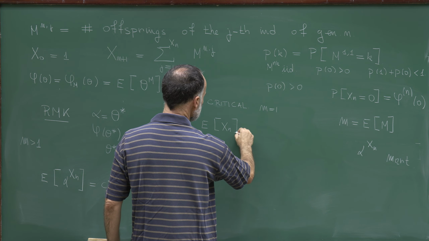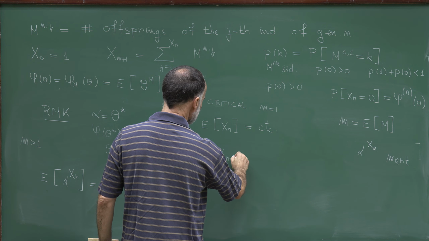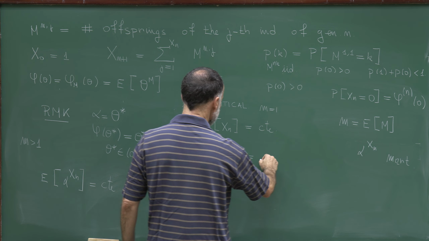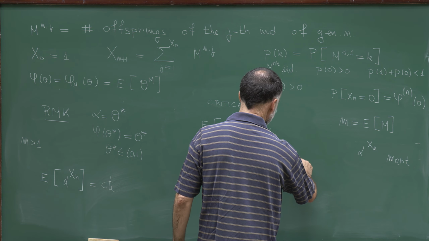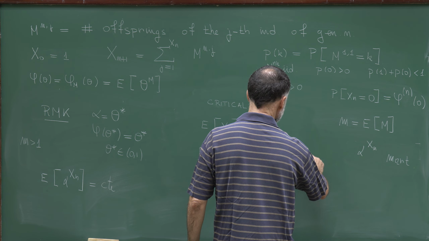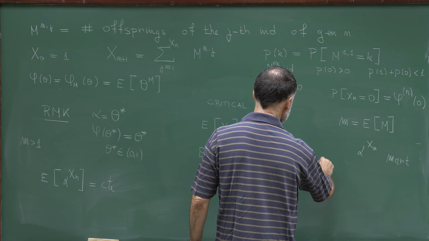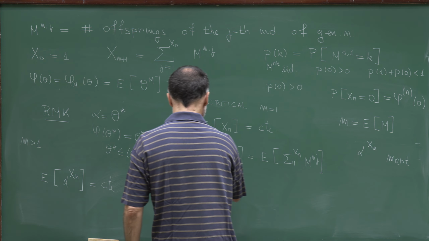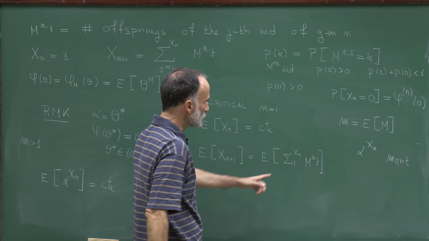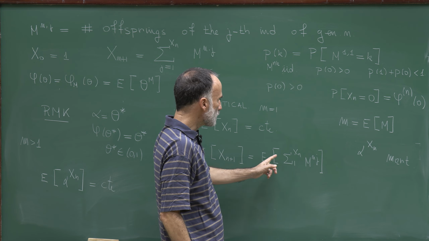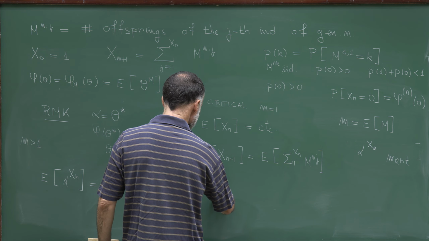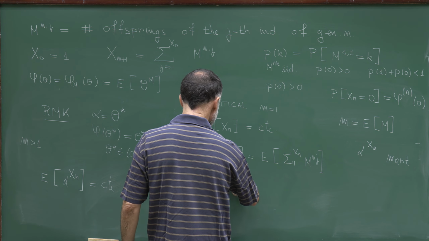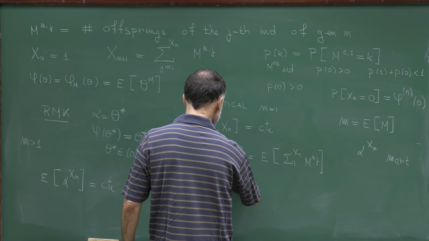Because the expectation of xn plus 1 is equal to the sum from 1 up to xn of m and j. So let's again decompose according to the value of xn, and then use the independence. So this is a sum for p larger or equal to 0 of the probability that xn is equal to p.